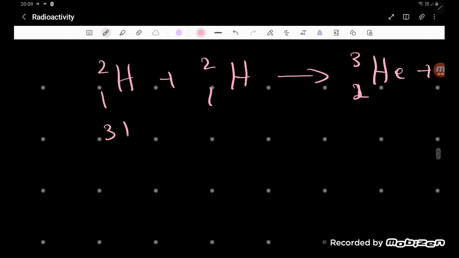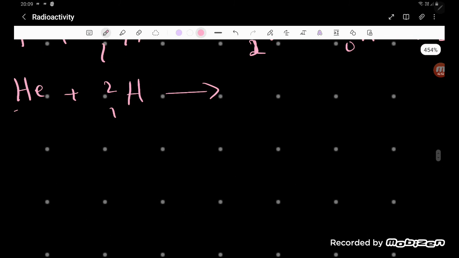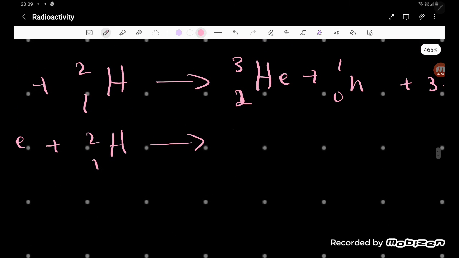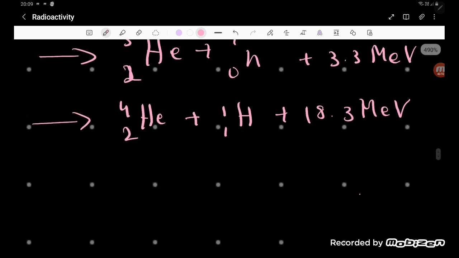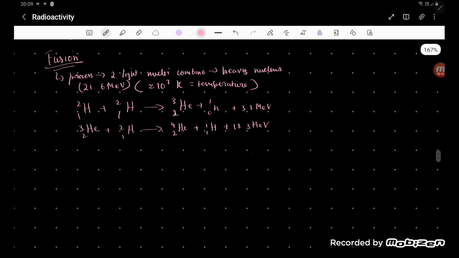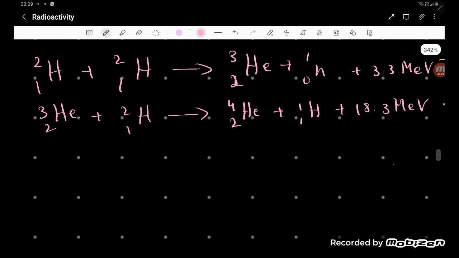And another one is helium 3 2 plus hydrogen 2 1, a helium isotope with deuterium, will give you helium 4 and a proton, that is hydrogen, plus 18.3 mega electron volts. You can see why it adds up to 21.6 here. This is under high temperature conditions.